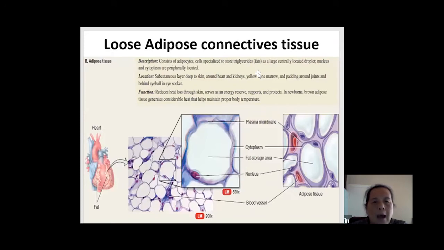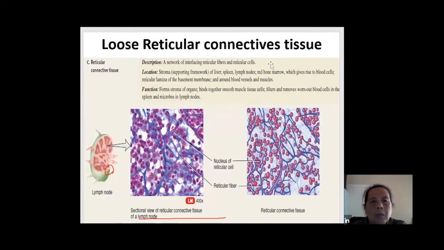Here is another example. Loose connective tissue can be located in different parts of the body. This one comes from the surface of the heart, some fat tissue there, enlarged. That still belongs to loose connective tissue.